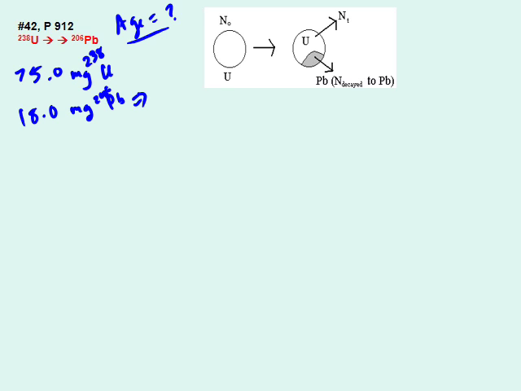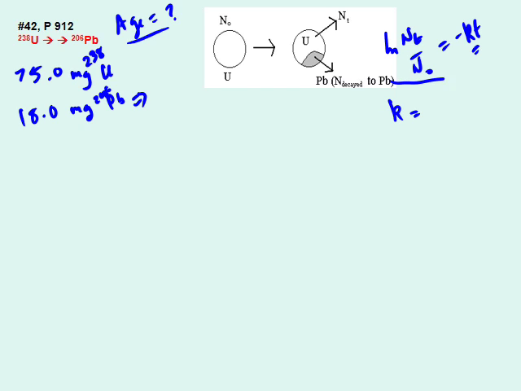NT and N0 values, because you're going to use this expression, log of NT over N0 equals minus kt, where k is the decay constant, and we can calculate that from the half-life, because half-life is given for this nuclear reaction.